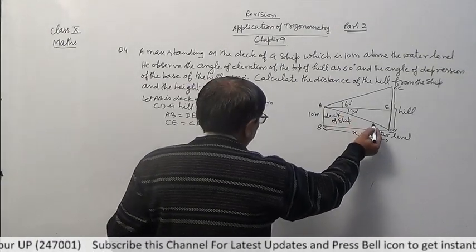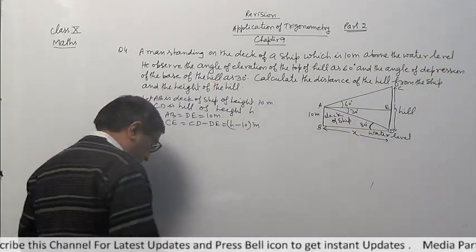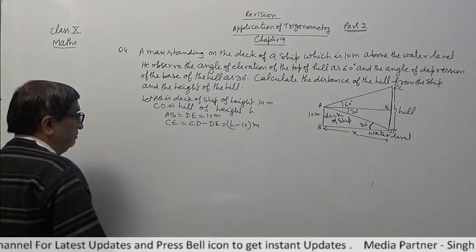This angle is 30, so this will also be 30 because alternate interior angles are equal.